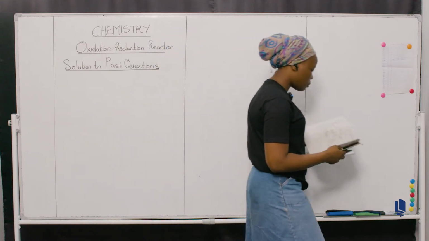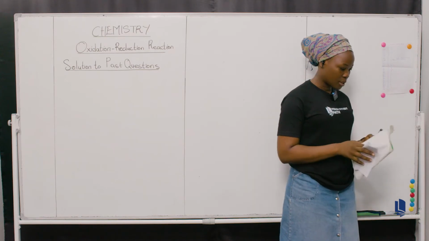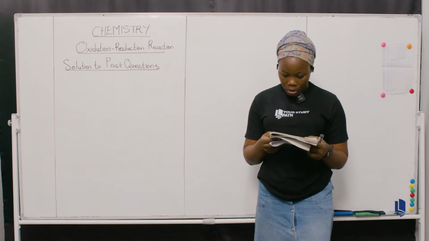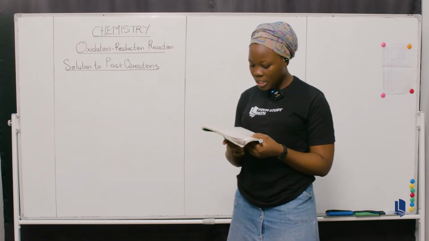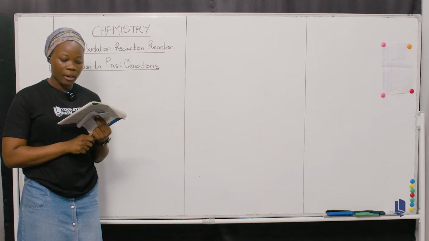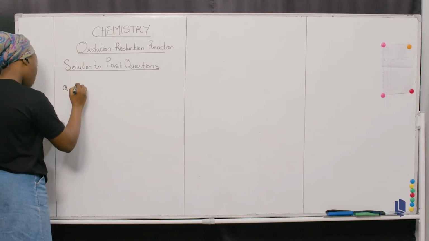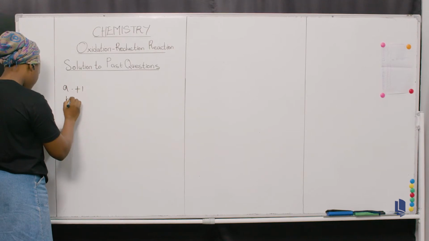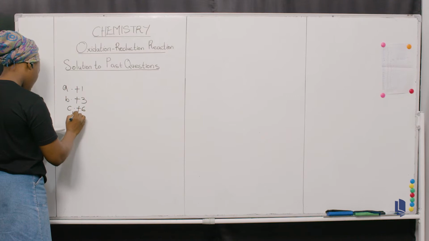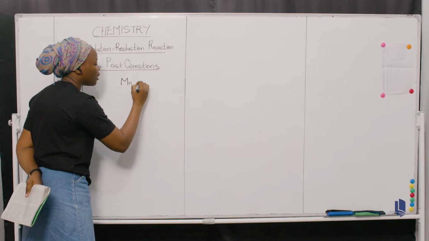The first question for today is year 2023, question 28. The oxidation number of Mn in the radical MnO4 minus is: A +1, B +3, C +6, D +7.